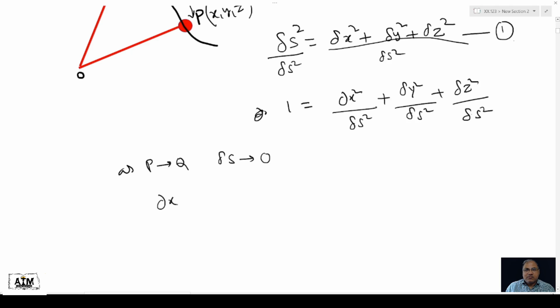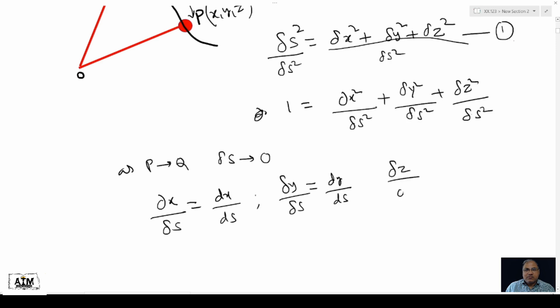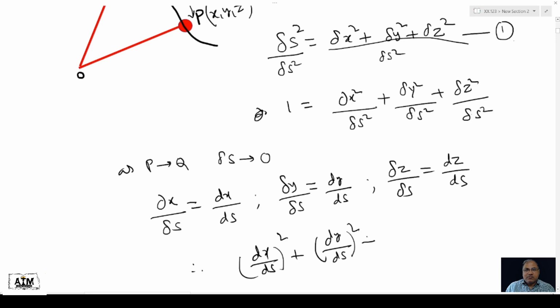In that case, delta x upon delta S is equals to dx by ds, and delta y upon delta S equals to dy upon ds, and delta z upon delta S is equals to dz upon ds. Therefore, dx upon ds whole square plus dy upon ds whole square plus dz upon ds whole square equals to 1.